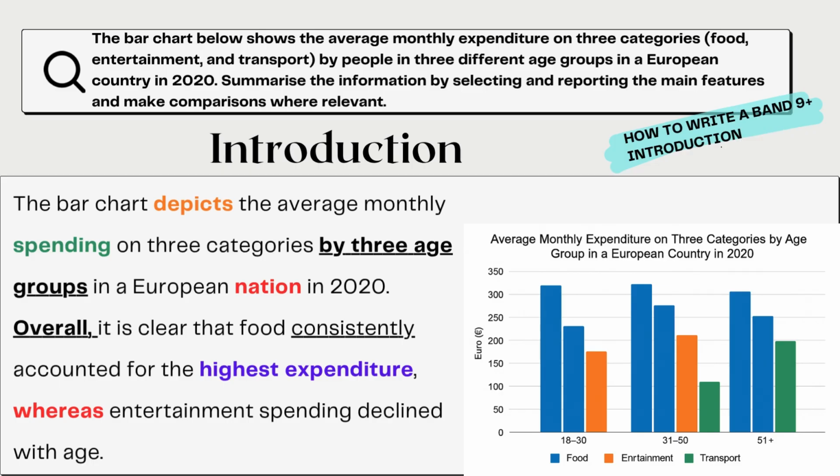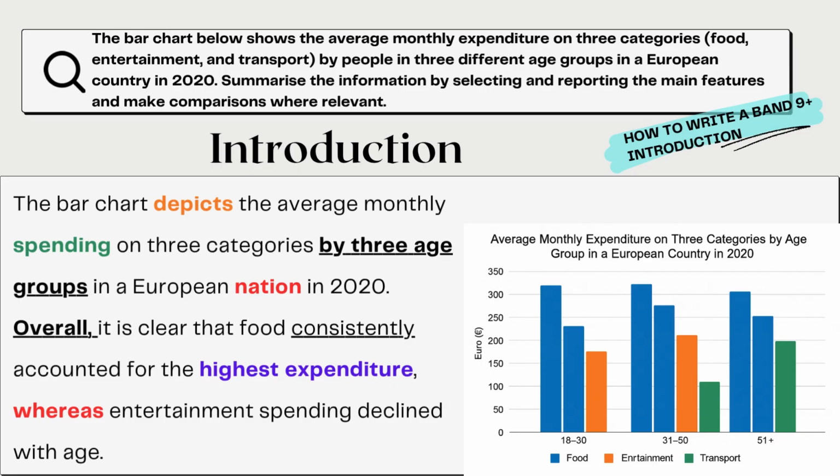Here the word consistently suits better. And then highest expenditure. In the above paraphrased version, I have used spending, but here highest expenditure. Whereas is the connector, and entertainment spending declined with age. Why and how? With the age group of 50 plus or 31 to 50, people get aged and they are not interested in entertainment.